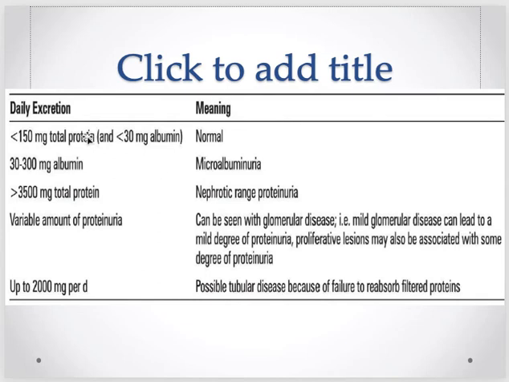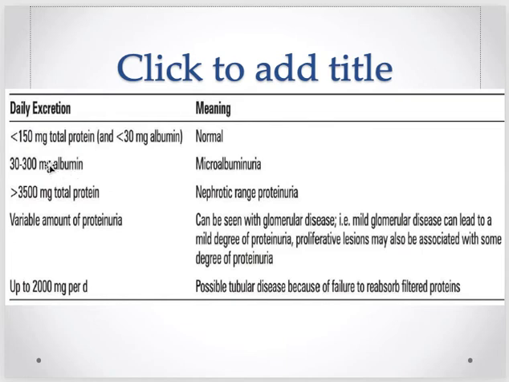So see, when the total protein is less than 150 or the albumin level is less than 30, I already told you that is considered normal. There are two things I'm talking about, total protein and albumin.